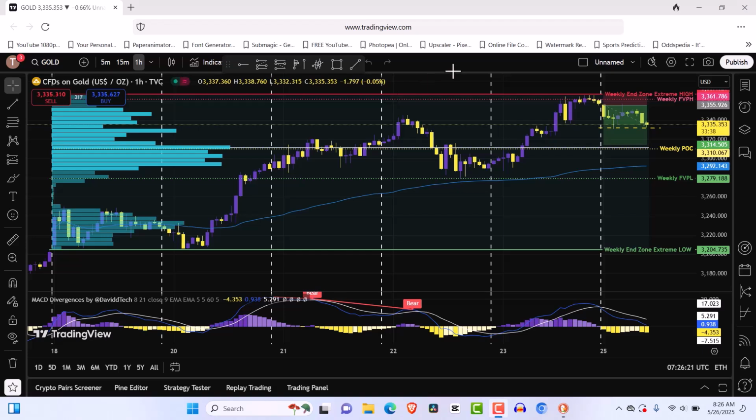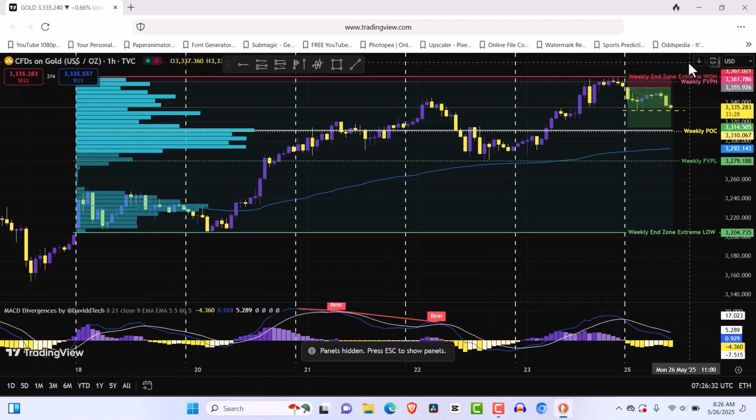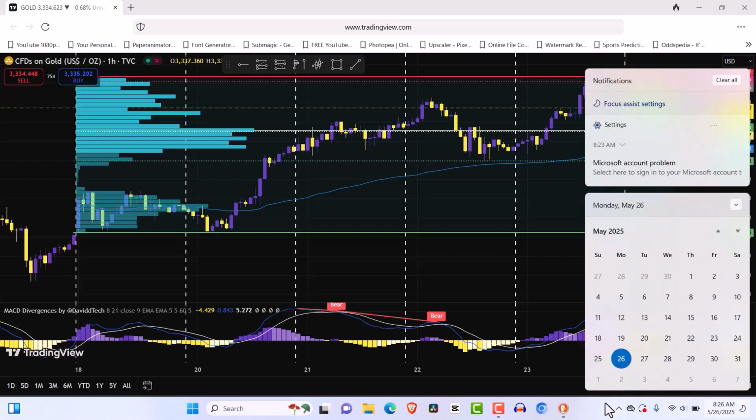Hello, welcome. So I'm going to be going through a trade breakdown using the fixed range volume profile for the week starting the previous week. I'll call this the A trade for the week starting 18th May to 23rd.